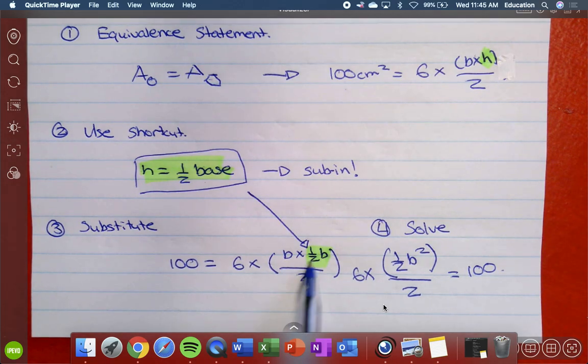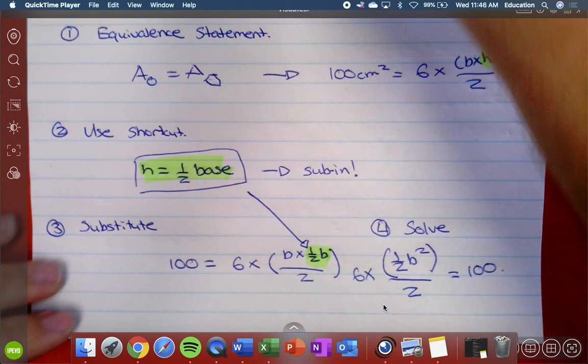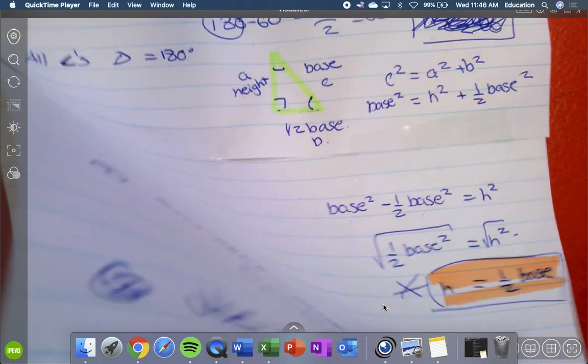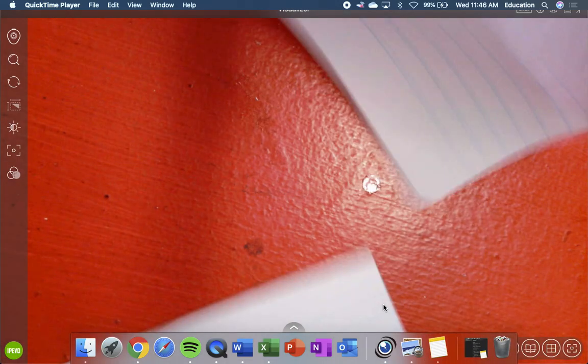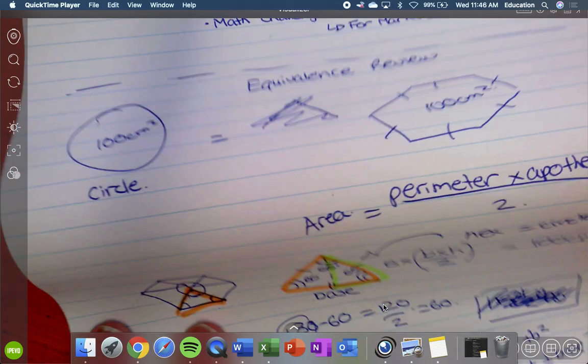So I just did base times half base is half base squared. So we're solving for the base of the triangle.